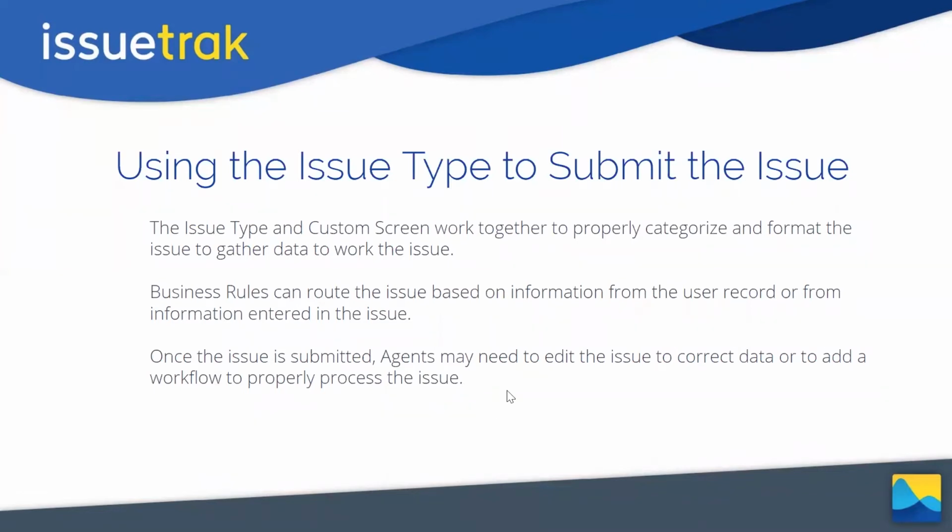Once that issue is submitted, agents may need to edit the information to make sure it's correct. Sometimes when users put in an issue by an issue type, they put in just the basics: something in the subject line, something in the description, and maybe they're forced to give it a category, which is the issue type.